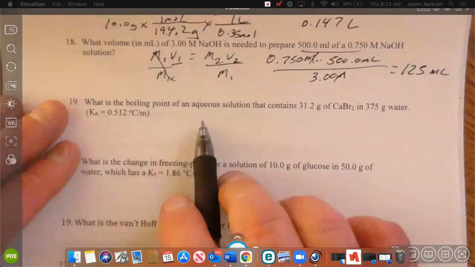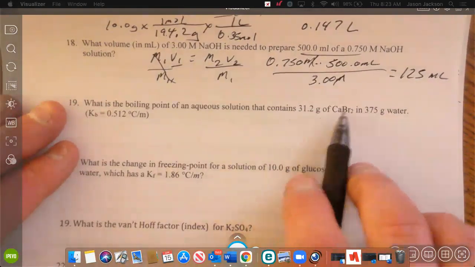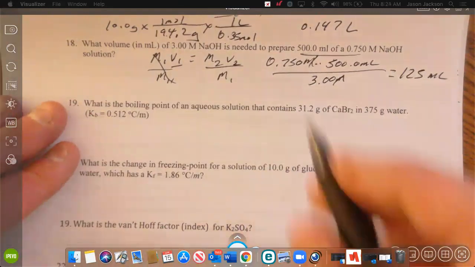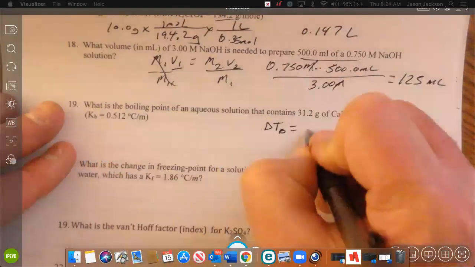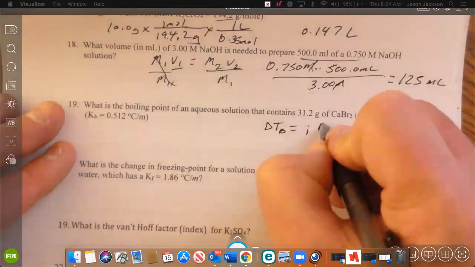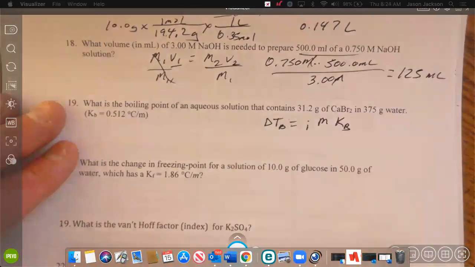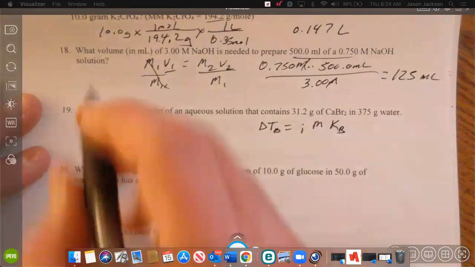What is the boiling point of an aqueous solution that contains 31.2 grams of calcium bromide in 375 grams of water? We remember delta T sub B equals i times molality times Kb. So what we need to do is find the molality.